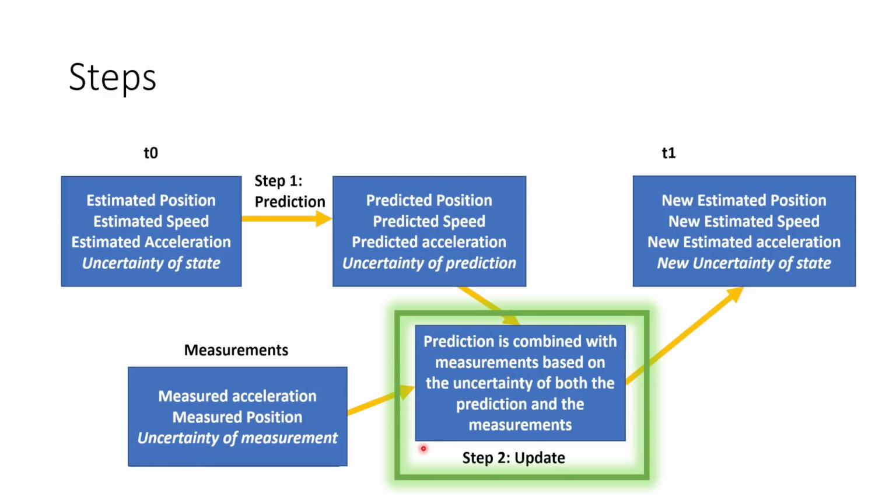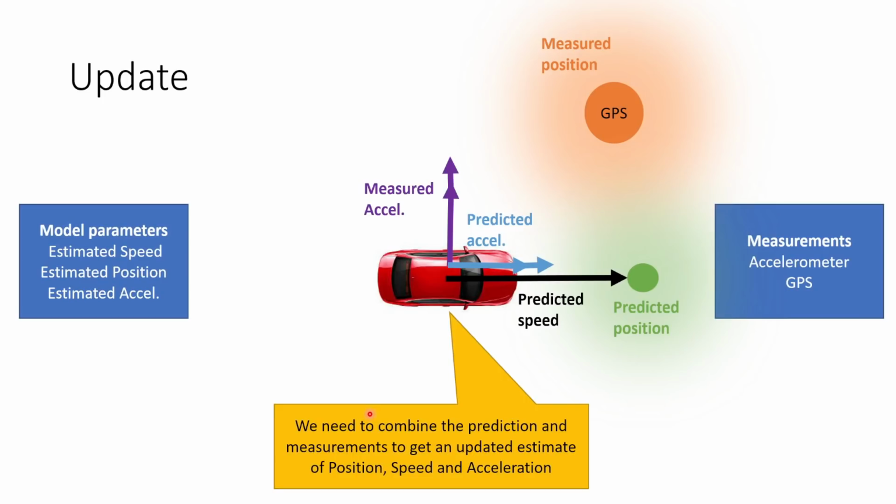And so we can now do step 2, which is updating the model, where we combine our prediction with our measurements based on the relative uncertainty of the prediction and the measurements. So how are we going to do that? Well, we need to combine all of these parameters, the predicted speed, position, and acceleration, and we also need to take into account the measured acceleration and the measured position as well.